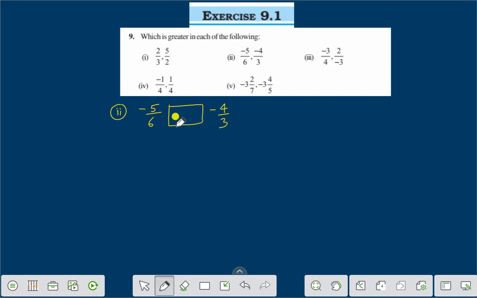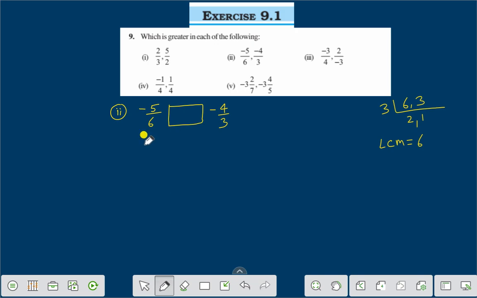Now here you see that both the denominators are different. Therefore, you have to find the LCM. Let us take the LCM of 6 and 3. Divided by 3, 3 2 is 6 and 3 1 is 3. Therefore, LCM is equal to 3 into 2, that is 6.